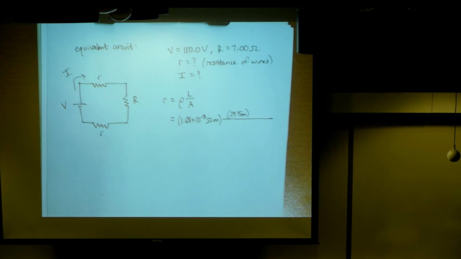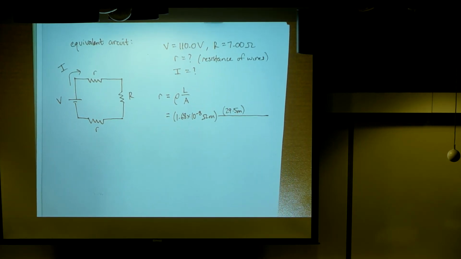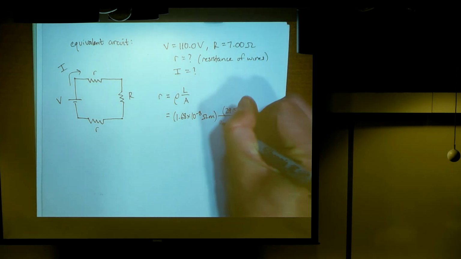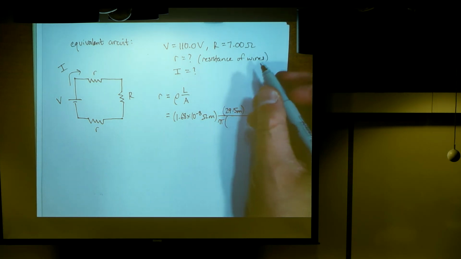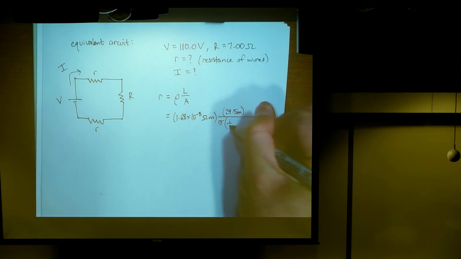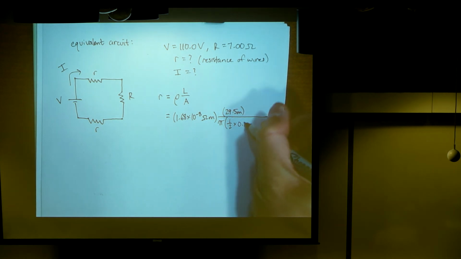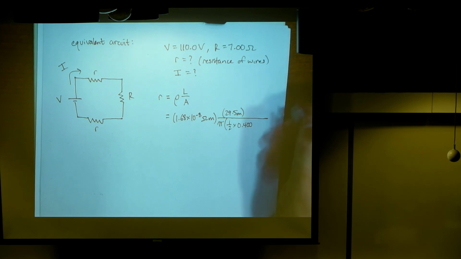Again, we're dealing with a wire. Assume it's got a circular cross-sectional area. So it's going to be pi times r squared, where r is half the diameter, so half times 0.4 millimeters, where a millimeter is 10 to the minus 3 meters. So we're squaring that.